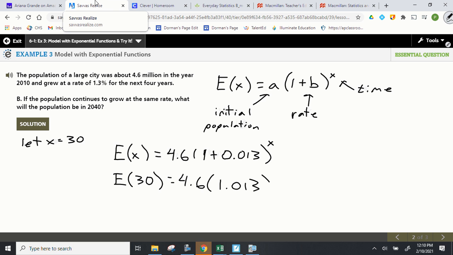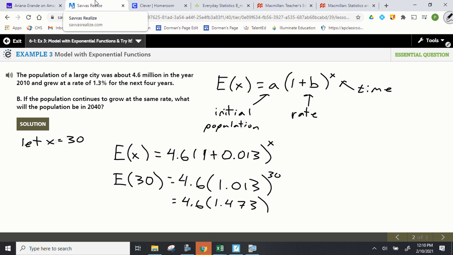My bad. All right. So let's go ahead and raise 1.013 to the 30th power. I know I said it in a weird way. All right. So just to show you that I am following my order of operations, I'll say that this is approximately 1.473.